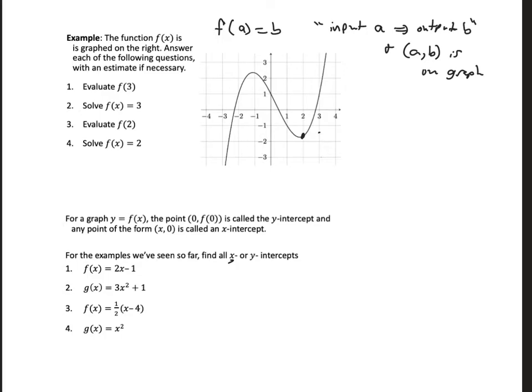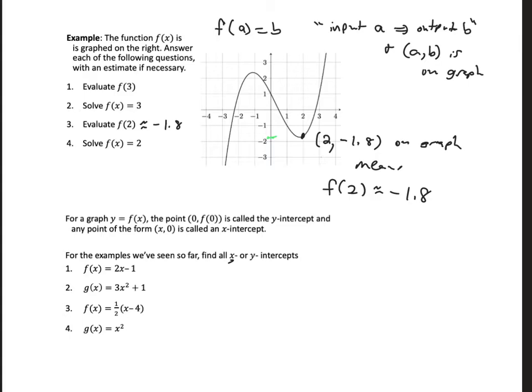This point has coordinates (2, about negative 1.8). I'm just eyeballing about where that is height-wise. So my answer is f of 2 is approximately negative 1.8, because when you know a point is on your graph, that means the input of 2 gives you an output of negative 1.8.